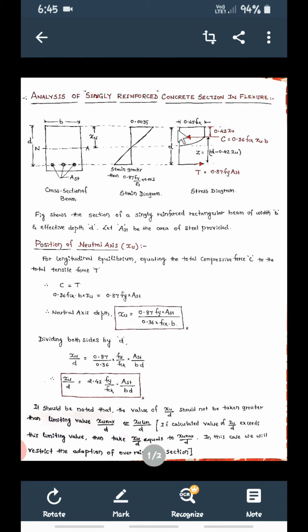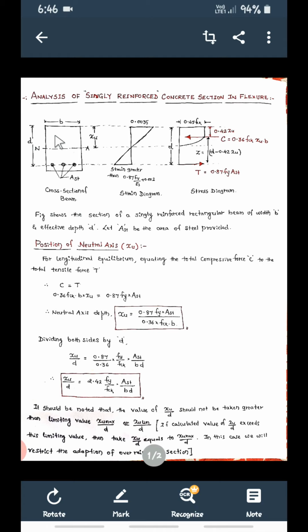Now if you see this diagram, there will be two zones: this is the compression zone, and this is the tensile zone. Finally there will be two forces depending upon these zones. Can you see this capital C? Capital C is the total compressive force, and capital T is the total tensile force.